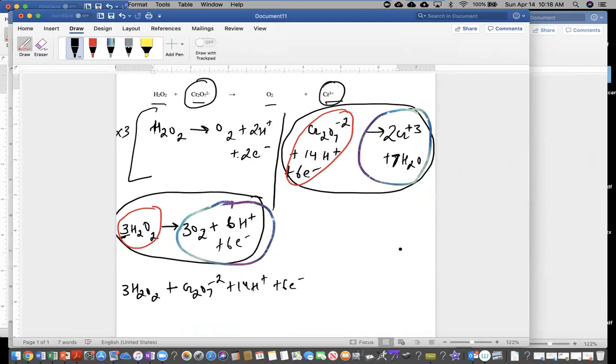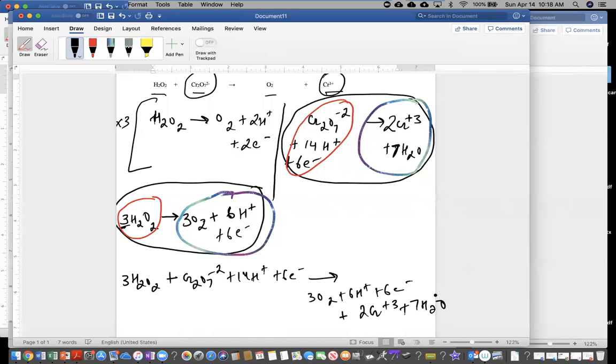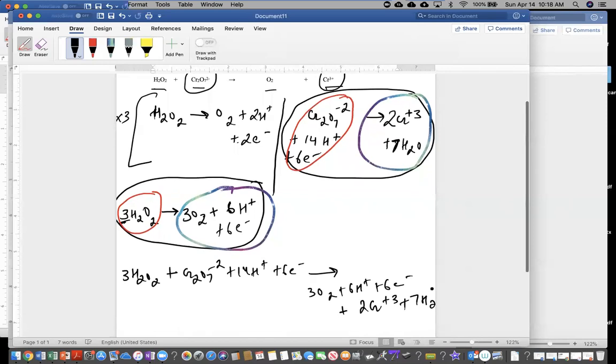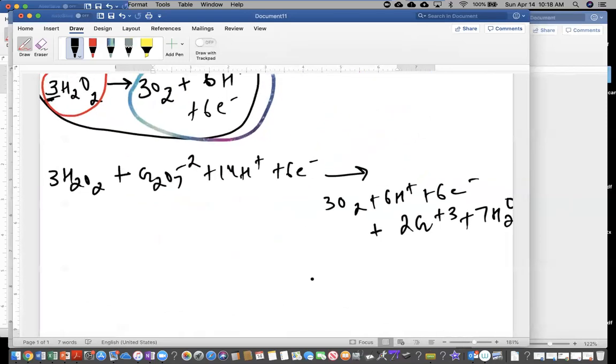Then with the arrow, I'm going to write the right-hand side. So 3 oxygens, 6H plus, 6 electrons, and on the right side is Cr3 plus and 7 waters, right?